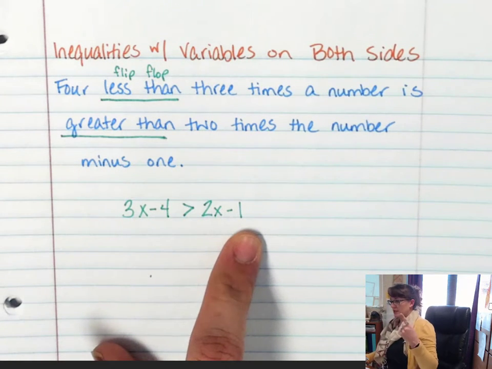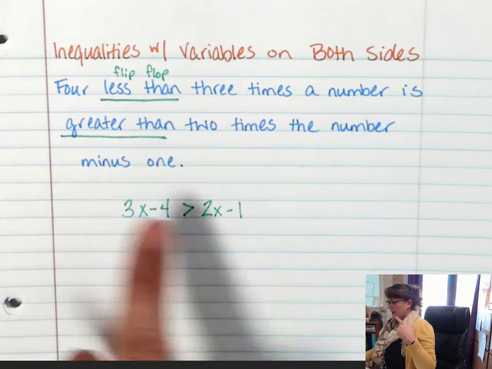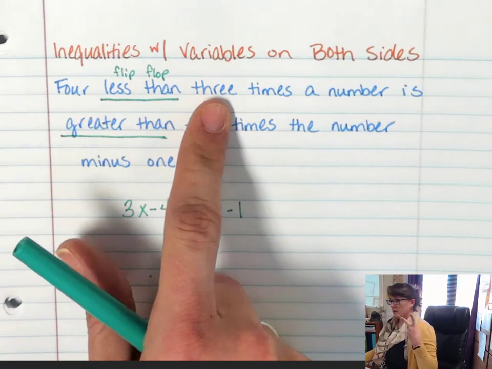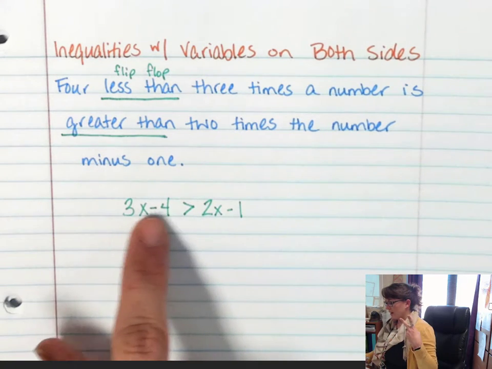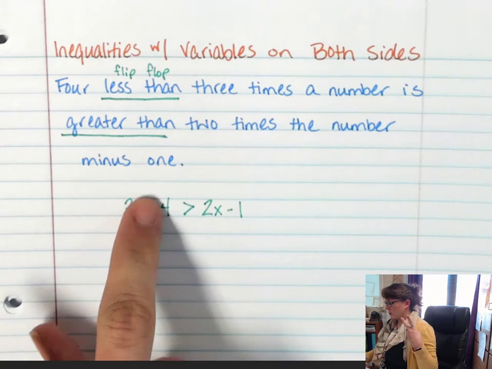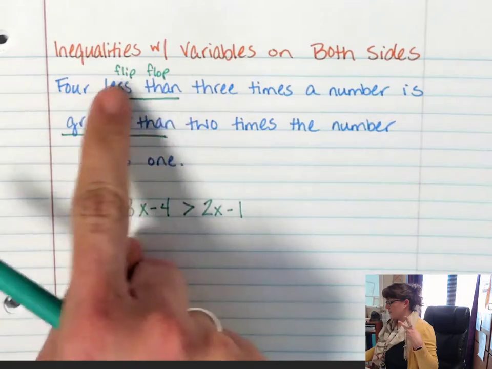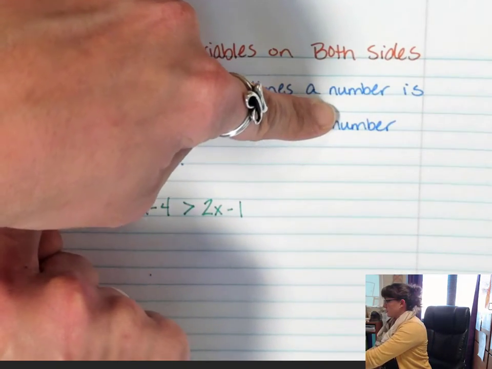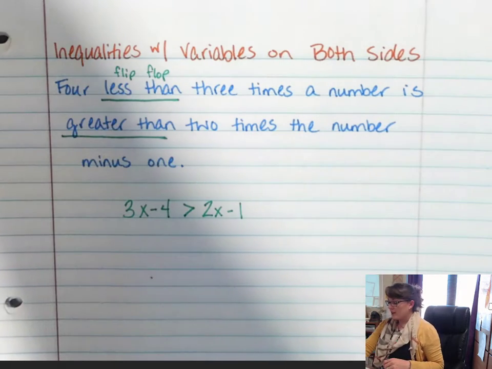Less is just that. But when you say 4 less than 3, 2 words, flip the order. It's not 4 minus 3x, it's 3x minus 4. So this means take this and flip the order. Okay? And now we can solve.